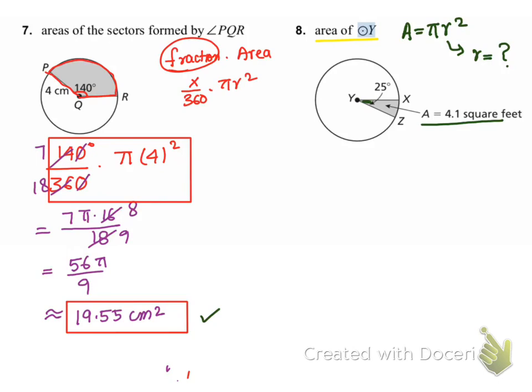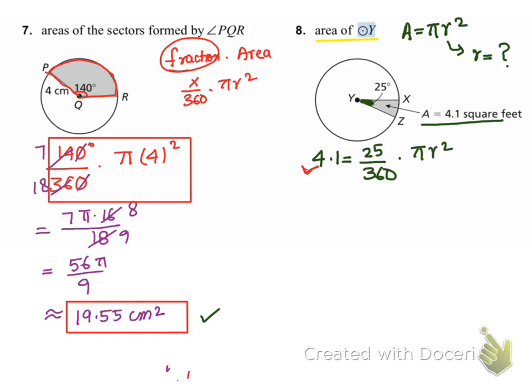So the sector area formula, as I told you, is this angle over 360, so that is 4.1 equal to 25 over 360. Here this part is already given, so I'm just plugging it in, times pi r square.